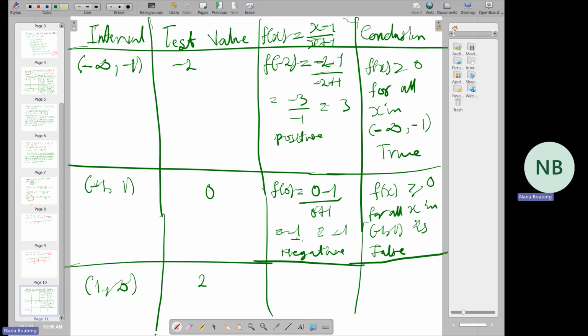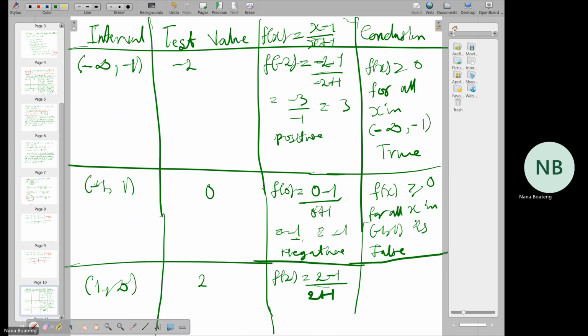So f of 2 is equal to 2 minus 1 divided by 2 plus 1, which equals 1/3, which is positive.